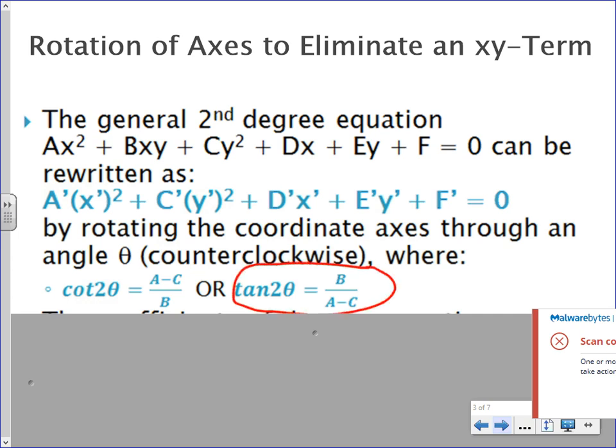So we're going to rotate counterclockwise by theta. Here's how we determine theta.